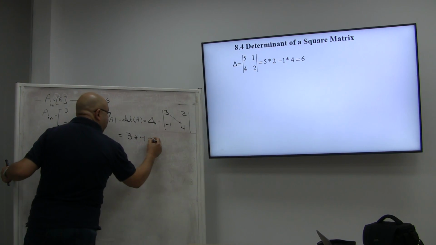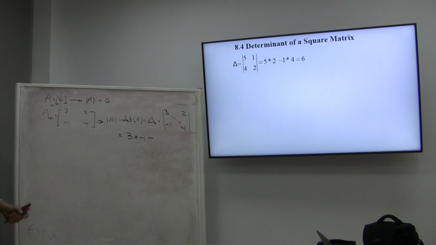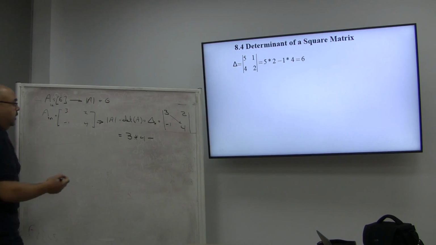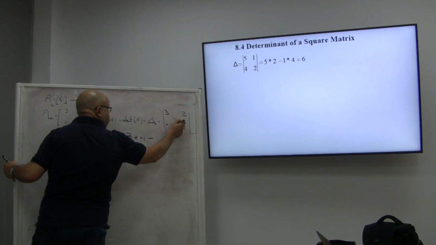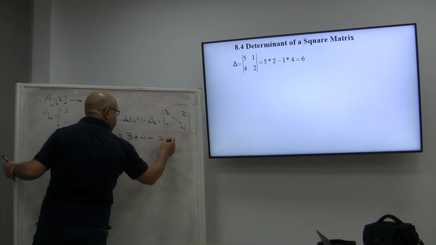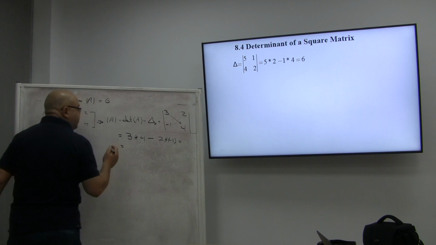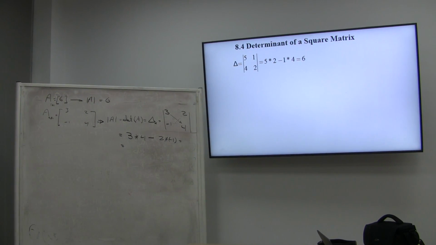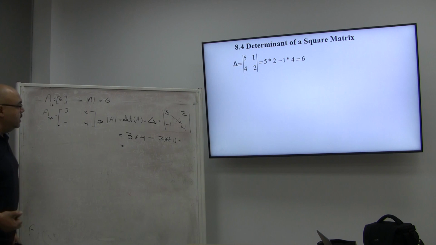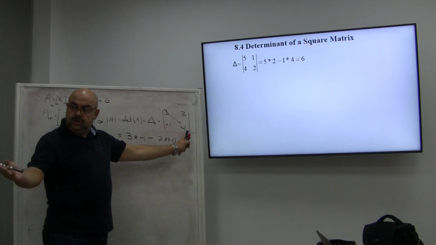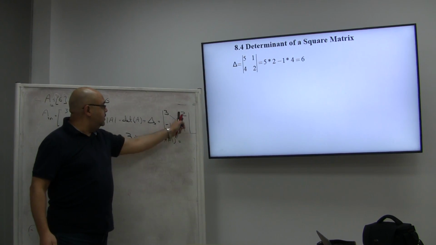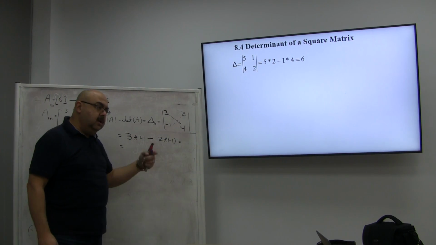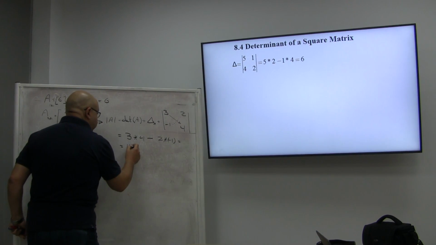Then you put a minus sign, according to the rule of signs with a determinant, times the elements of the secondary diagonal, 2 times -1. So it's 3 times 4, which is 12, minus -2, which gives 14. So the result will be 14.